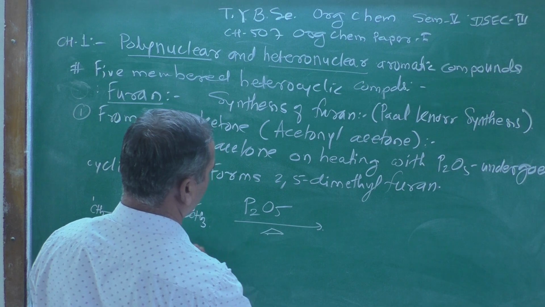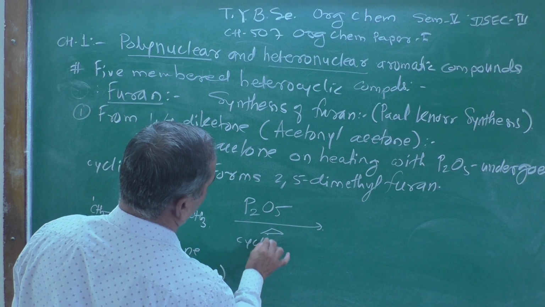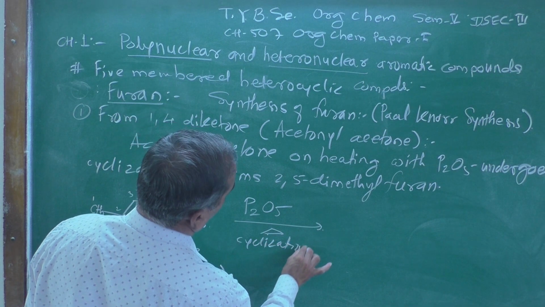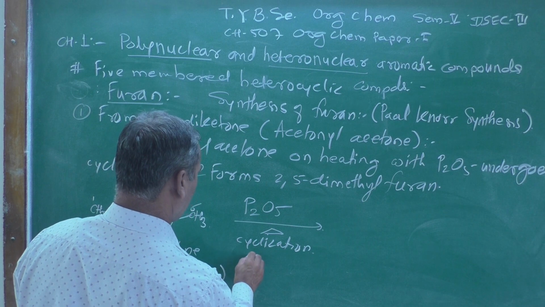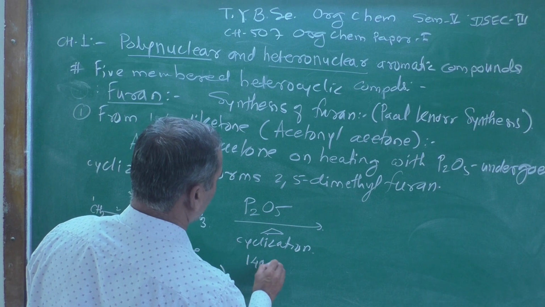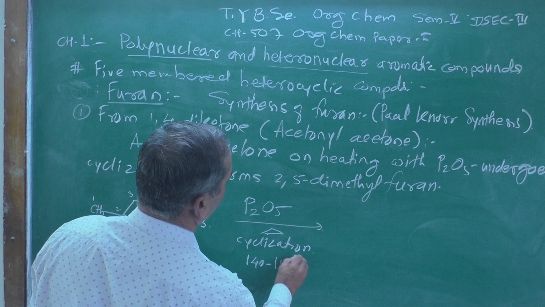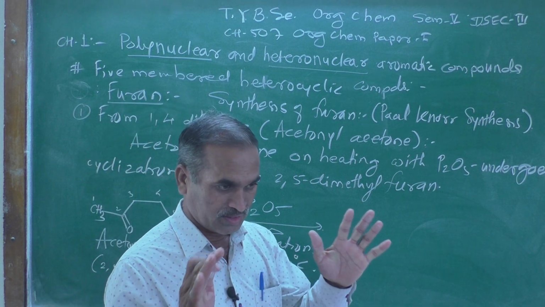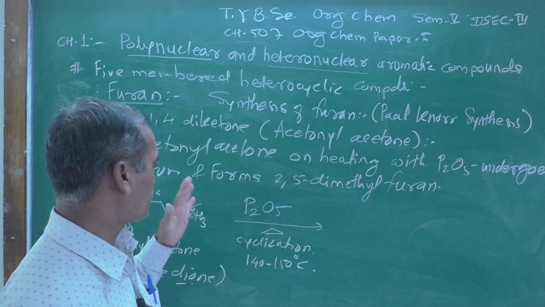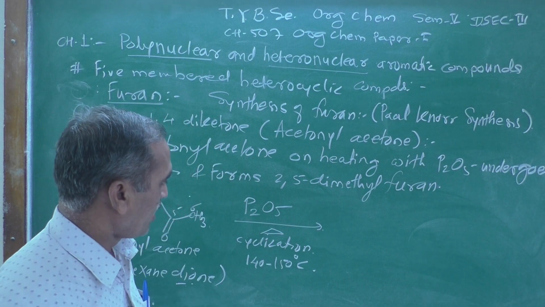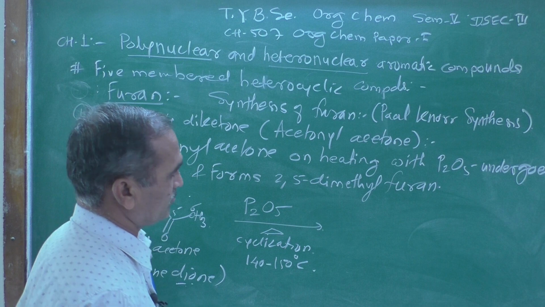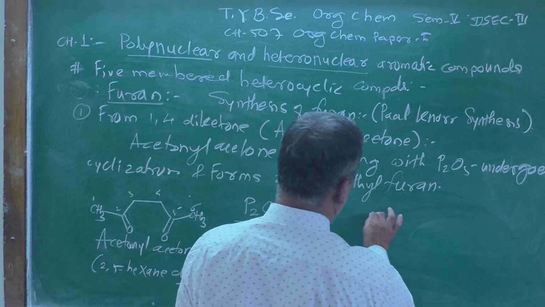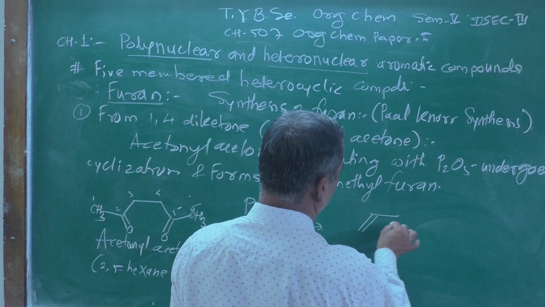After the heating, cyclization takes place, and the temperature is kept around 140 to 150 degrees centigrade. After the cyclization, the resulting compound obtained will be this one.